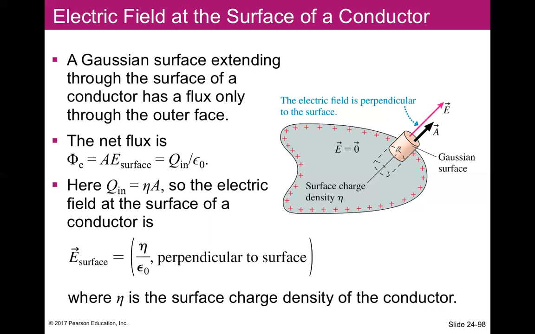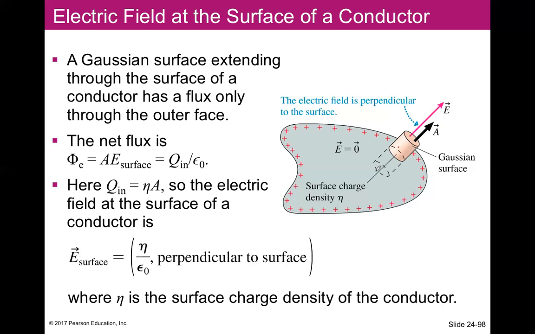And then again, what's the flux of the side surface of the cylinder? At the side of the cylinder, it should be 0. Why?